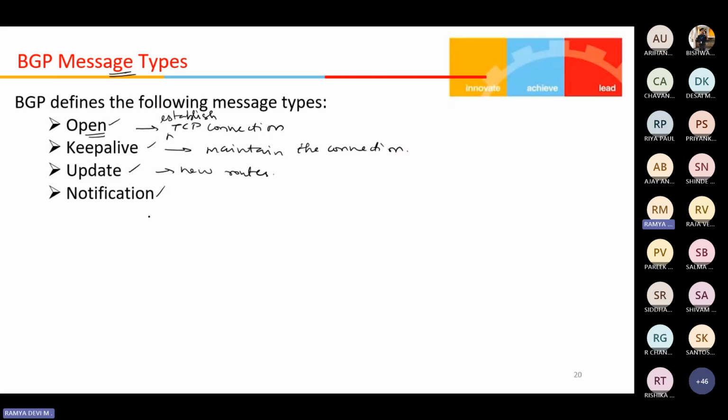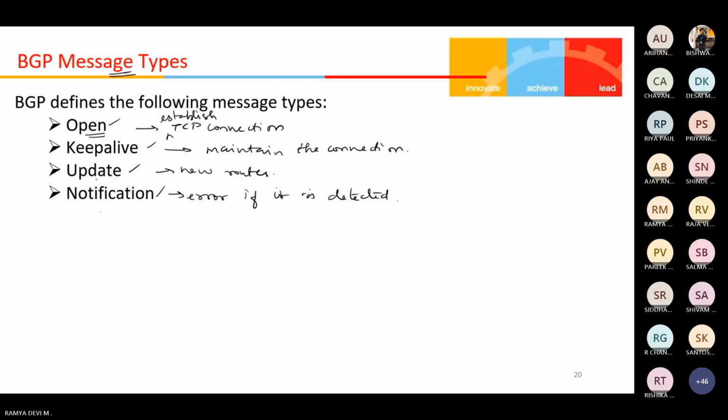And notification is for sending any error if it is detected. So open is to establish the connection, keep alive to maintain the connection, update for sending the new routes, and notification for sending an error if any error is detected.